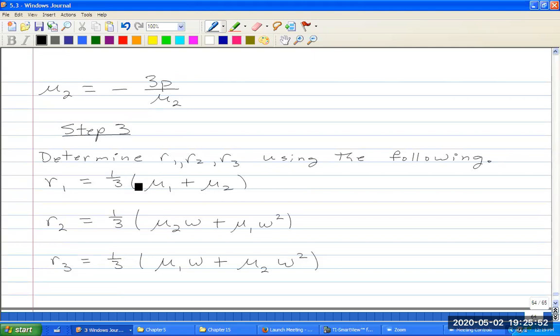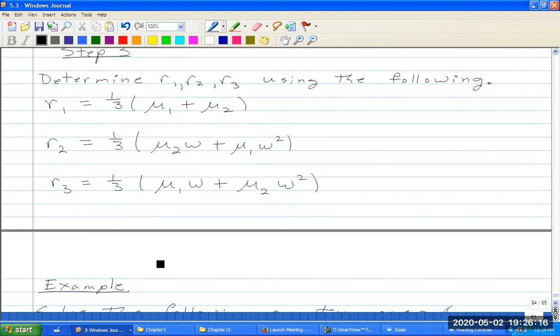R1 is just 1/3 of mu 1 plus mu 2. R2 is 1/3 of mu 1 omega plus mu 2 omega squared. R3 is 1/3 of mu 1 omega squared plus mu 2 omega. So notice that these still have that same sort of symmetry from above.